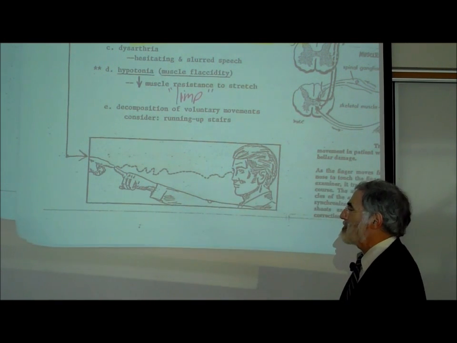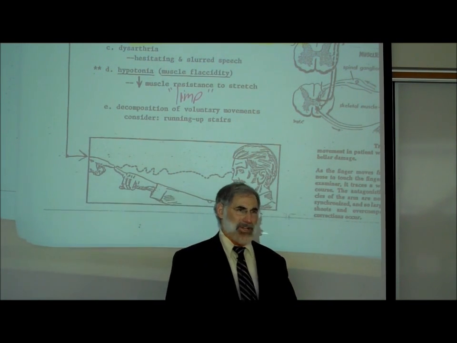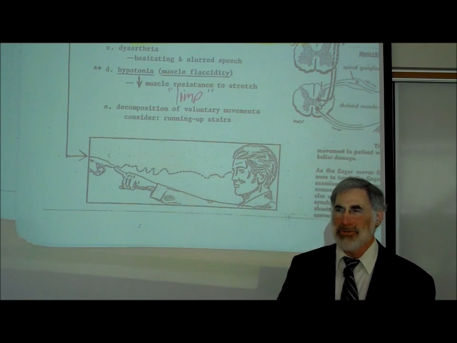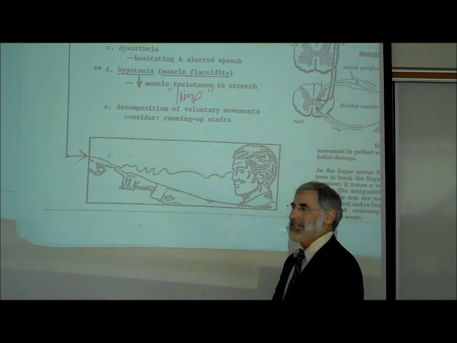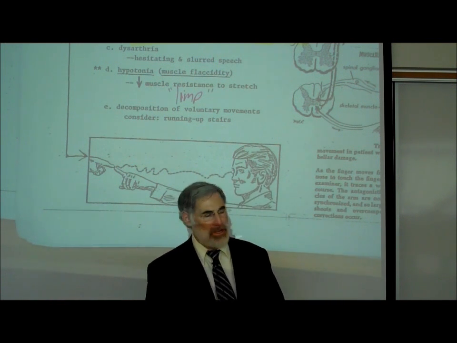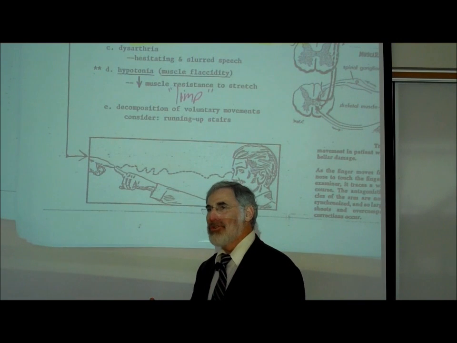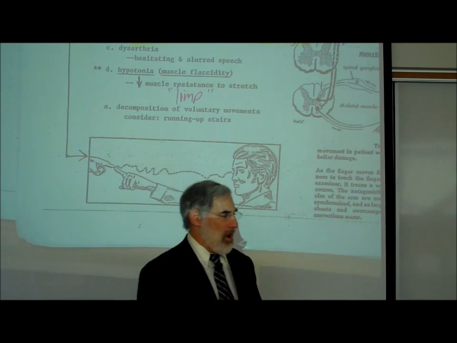There's an old expression, what is it? You can't walk and chew gum at the same time. Well, all normal people should be able to walk and chew gum at the same time, but not necessarily if somebody has suffered a lesion or injury to their cerebellum. They might be able to walk, but not chew, and if they're going to chew, they'd have to stop walking.